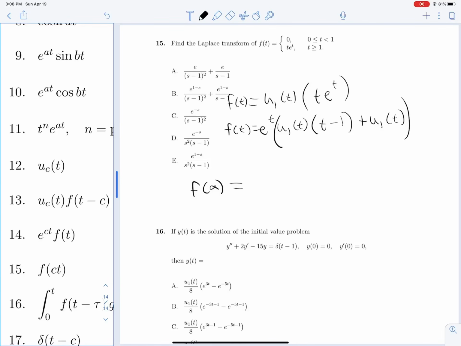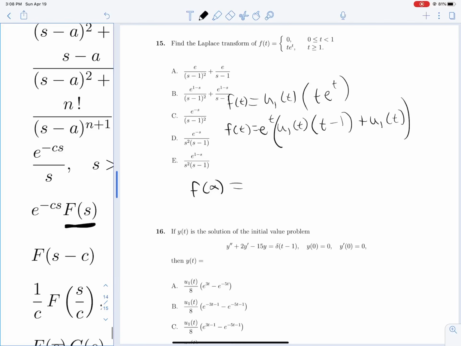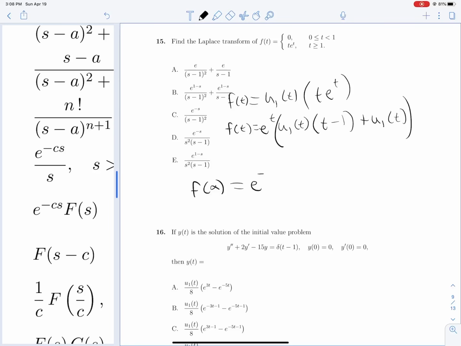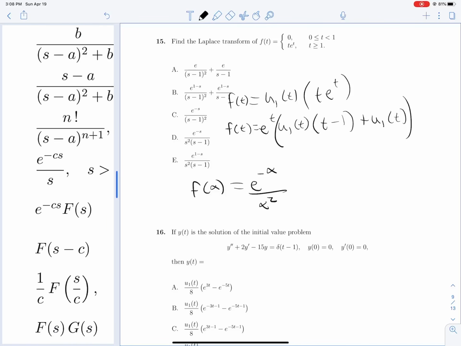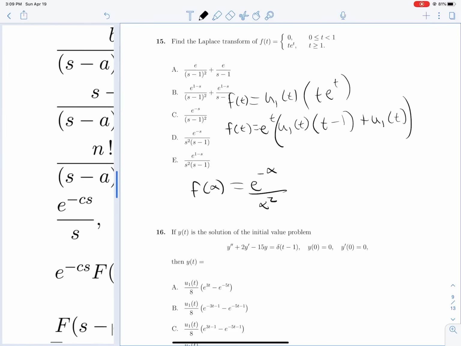Because f of t is equal to t, and we're just taking the Laplace transform of that t, we get e to the negative 1 alpha multiplied by the Laplace transform of t, which is 1 over alpha squared. And then to this, we're adding the Laplace transform of u1 of t, which just gives us e to the negative alpha over alpha.